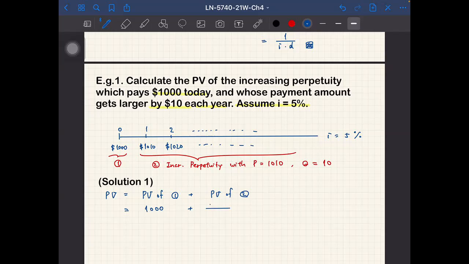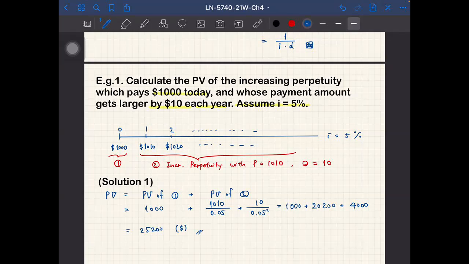P is 1,010, so 1,010 over 0.05, and Q over i squared, that is 10 over 0.05 squared. So that means 1,000 plus 20,200 plus 4,000. In total this becomes $25,200.